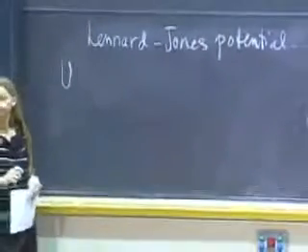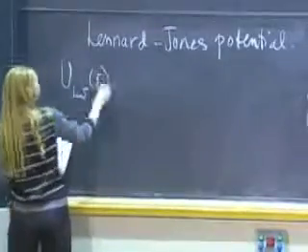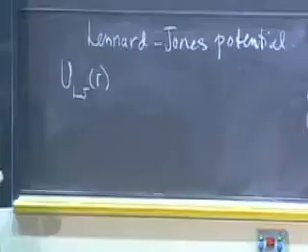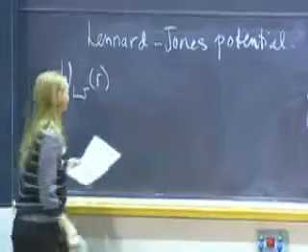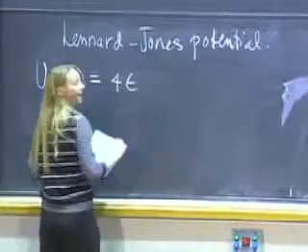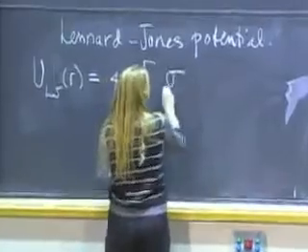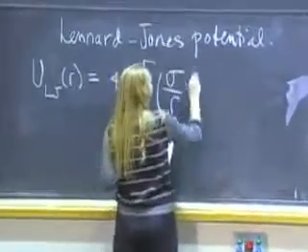We're going to call it capital U, LJ, Lennard-Jones. It's going to be as a function of R. R is the distance between, I'm going to use argon as the example, the two argon atoms. That's going to be equal to 4 times epsilon. I'll explain what epsilon is. Times sigma over R to the 12th power.